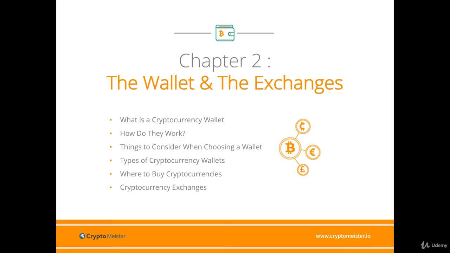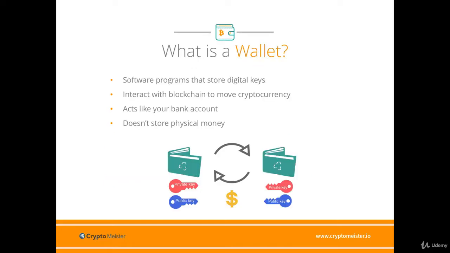In this chapter we will cover what a crypto wallet is, why you need them and how they work, what to think about when choosing a wallet, the pros and cons of wallet options available to you, once you have a wallet, where to get your first coins, and finally cryptocurrency exchanges, where you will most likely be doing your trading. In the world of cryptocurrency trading, you are your own bank.